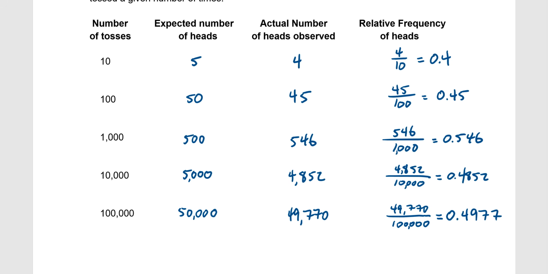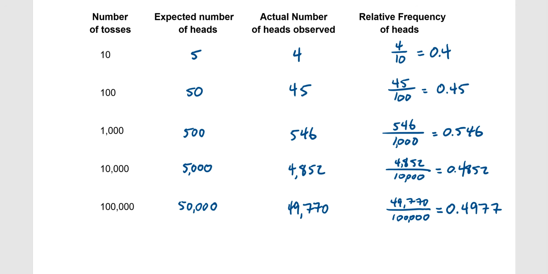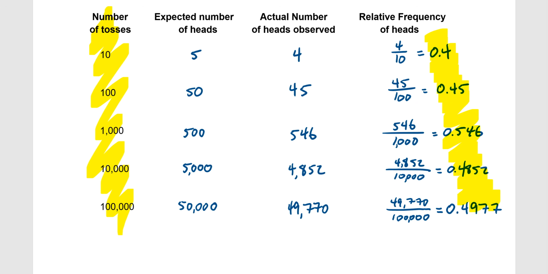Hopefully those numbers for the actual number of heads observed are believable. It's not exactly the same as the expected number of heads for each one. So this law of large numbers is going to tell us that the more times we do the experiment, 10, 100, 1,000, 10,000, 100,000, the relative frequency is going to approach, or get closer and closer to, the theoretical or actual probability of the event happening.